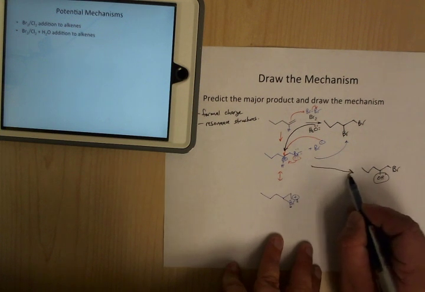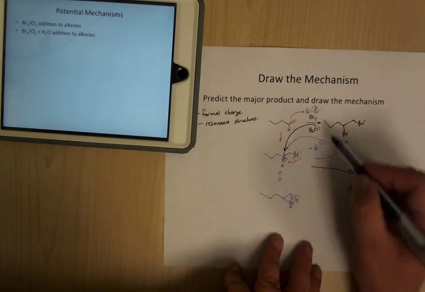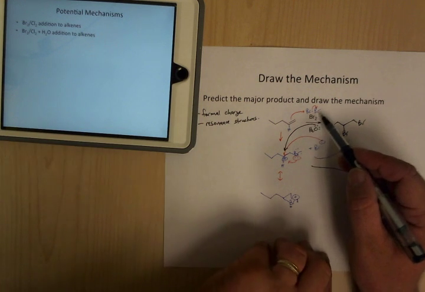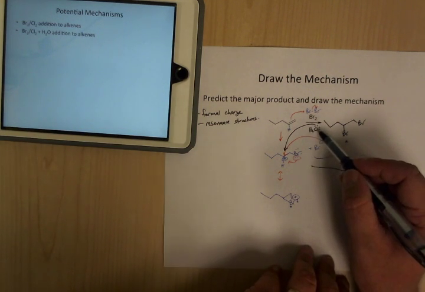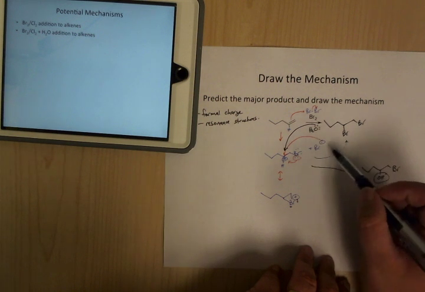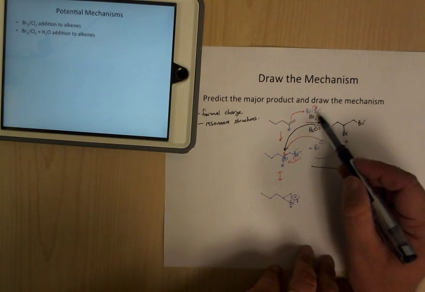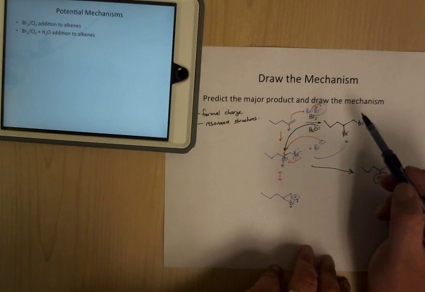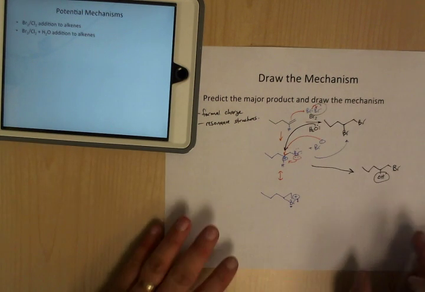But these 3 steps are the exact same, whether it's chlorine or bromine, or whether you have water or not. It's just what attacks at the end. Is it going to be the water, or the bromide or chloride that got kicked off there? That's the only difference between the mechanisms.